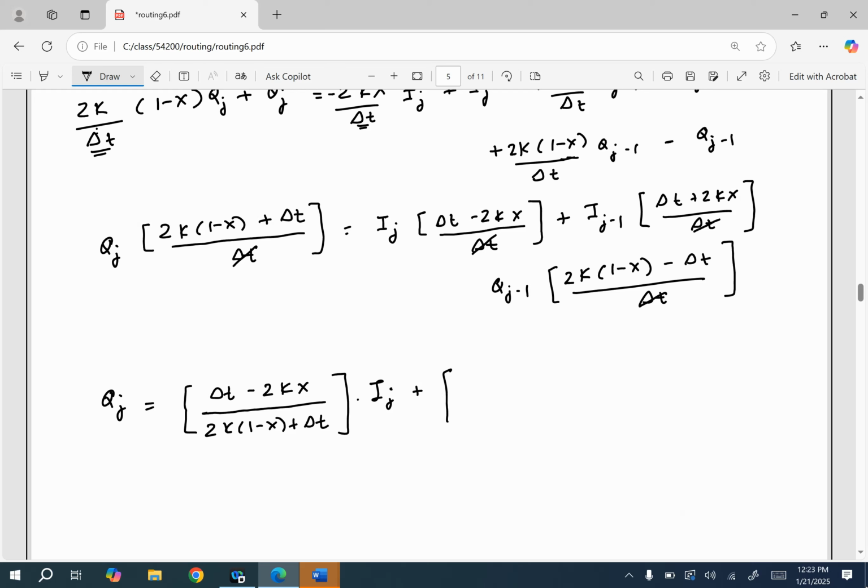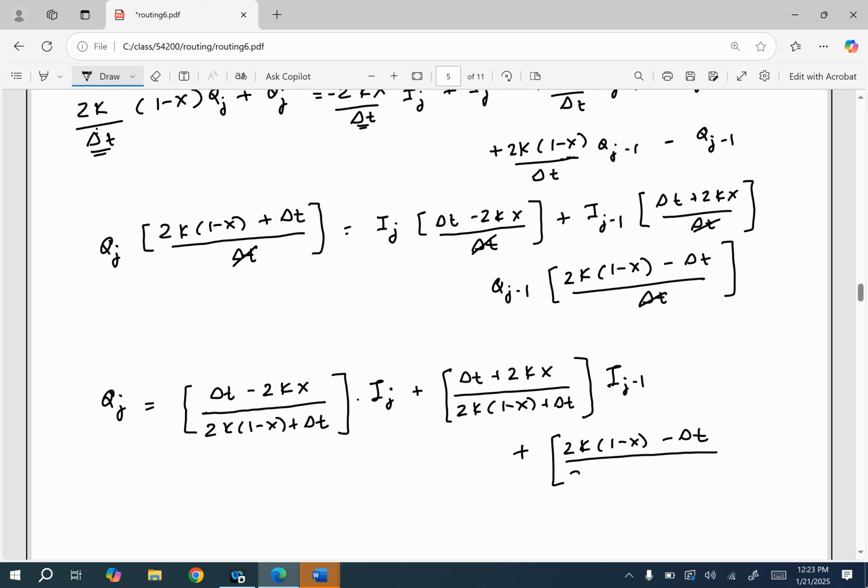Similarly, I have (delta t plus 2kx) divided by (2k(1 minus x) plus delta t), Ij minus 1, and then I have Qj minus 1, which will be (2k(1 minus x) minus delta t) divided by (2k(1 minus x) plus delta t), and that will be Qj minus 1.